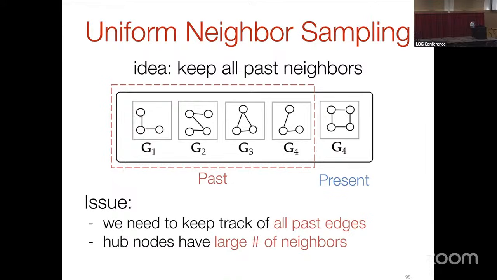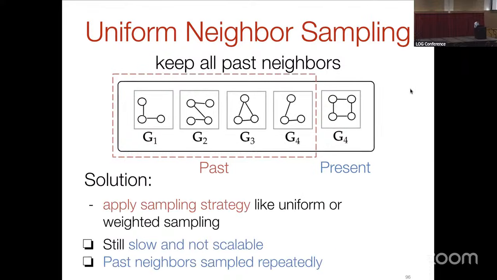But the problem here is that the history might run very long, so there might be many different neighbors that you need to keep track of. So this is not very efficient. So then you will need to apply some downsample strategy like uniform or weighted sampling, but that's still slow and not scalable.